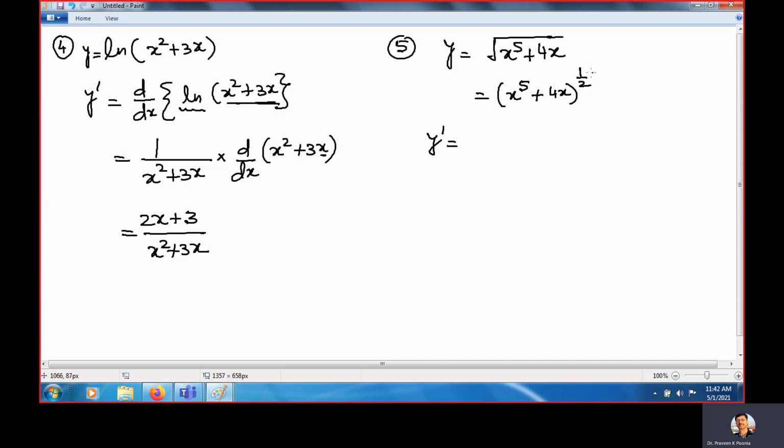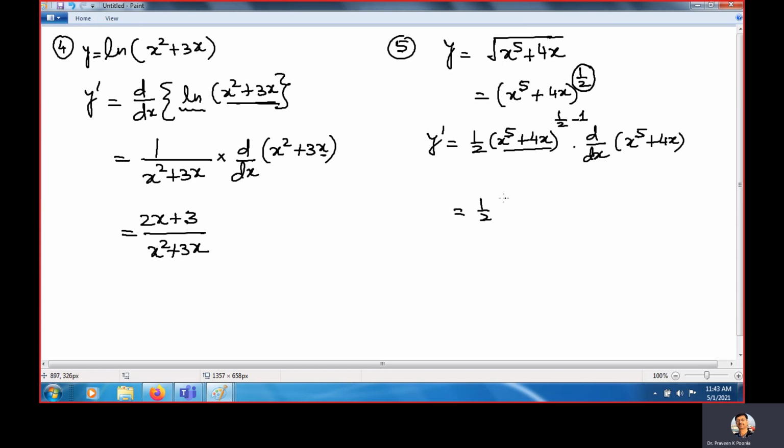y dash is, first you need to differentiate the power: 1 upon 2 of x power 5 plus 4x to the power 1 upon 2 minus 1. This is finished. But here it is not x, it is other than x, so you need to differentiate this function also. This is the rule.